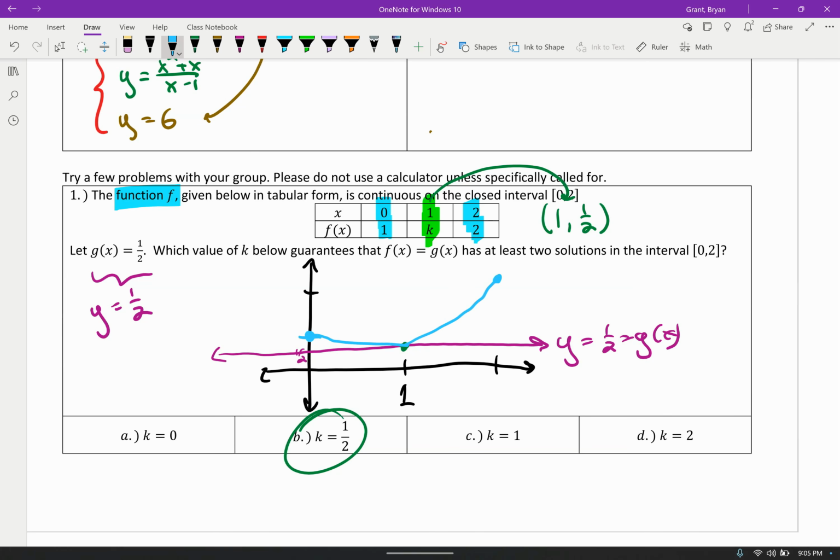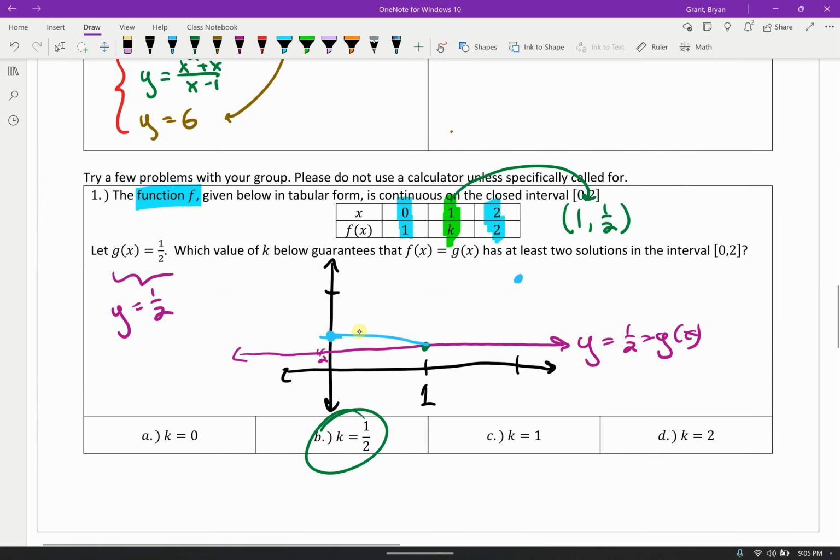Well, just 1. But think about this. Couldn't this graph go down and then up and then down like that? 1, 2, 3. There could be 4 intersections there. But is it guaranteed there's at least 2? No, my counterexample is I can draw this so there's just 1 intersection, and so a k of 1/2 will not work here. So that is not my right answer.